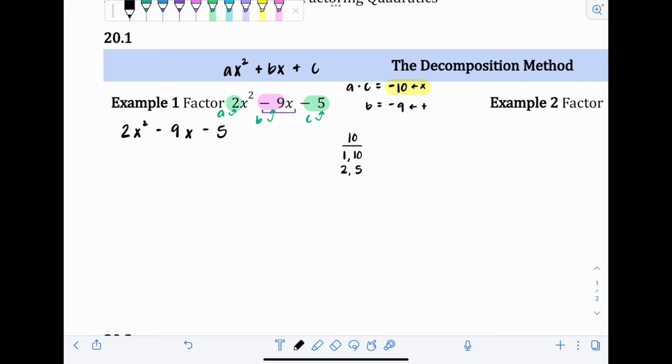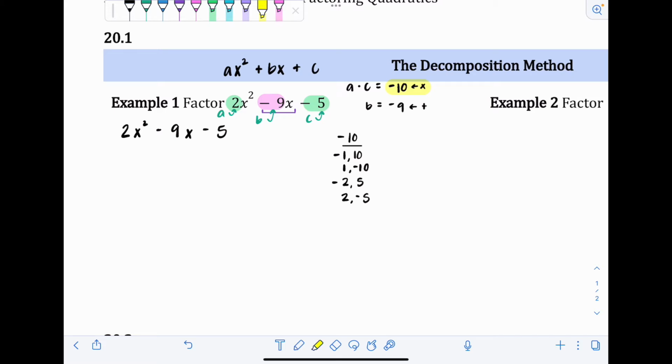If we want our factors to multiply to negative 10, then one of our numbers would have to be negative, so it gives us double the amount. We could do negative 1 and positive 10, or 1 times negative 10, because a negative times a positive gives us a negative. Or we could do negative 2 and positive 5, or 2 and negative 5.